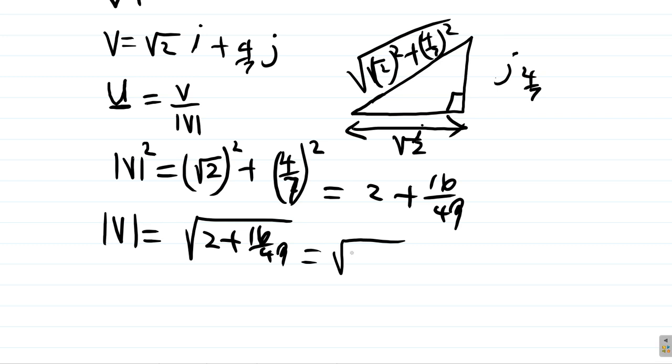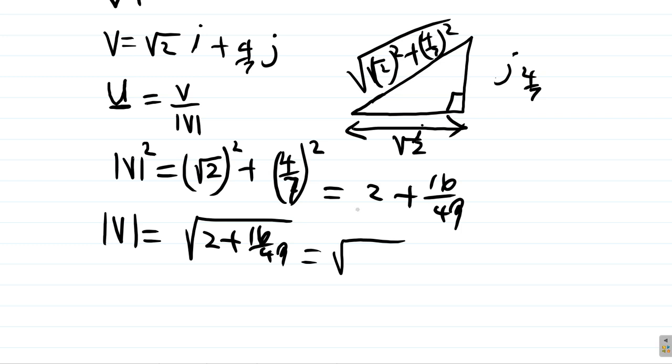Alright? But just for neatness, let's write it as a decimal to 3 decimal places: 2.327.